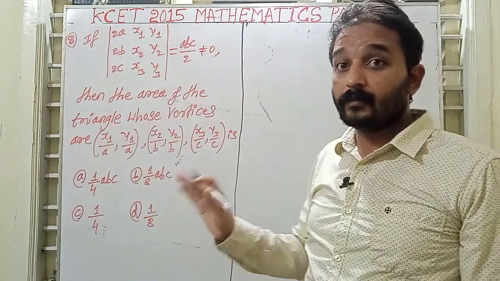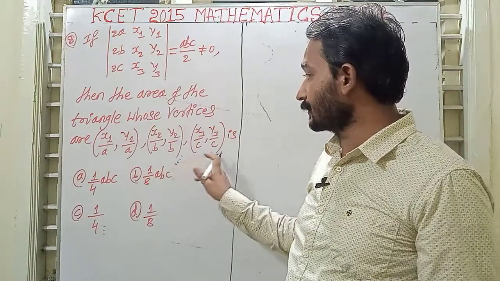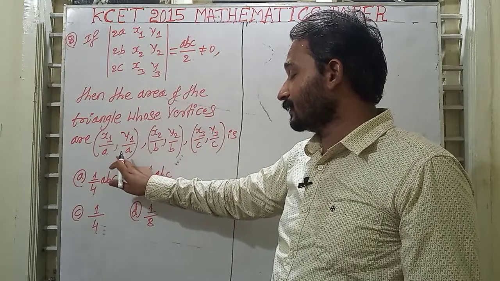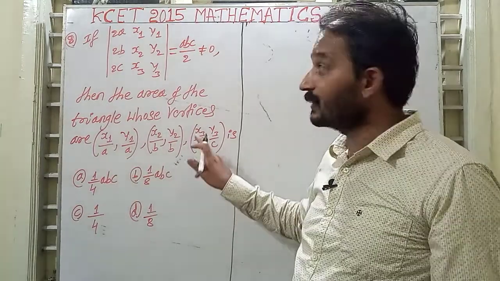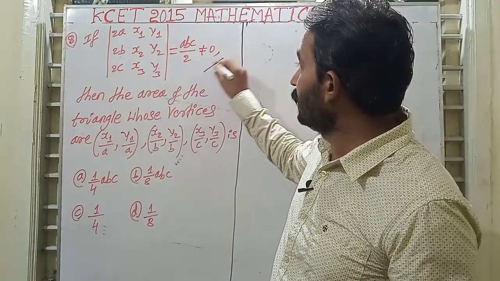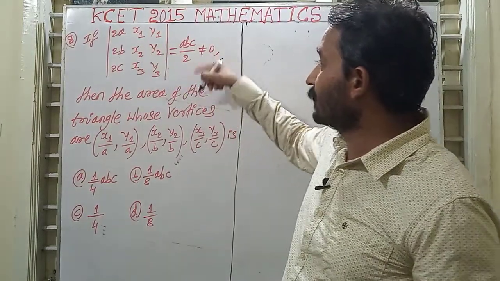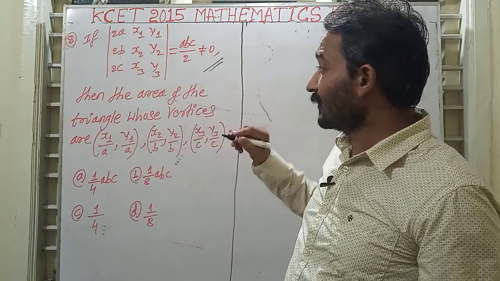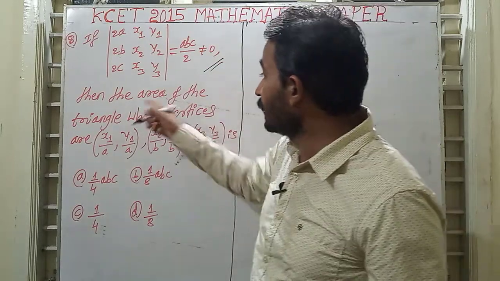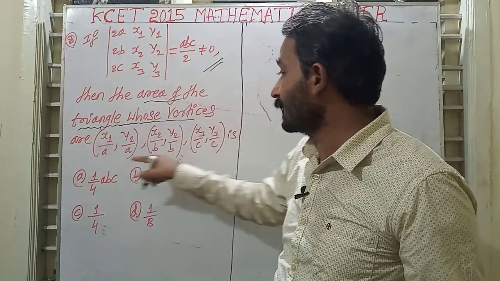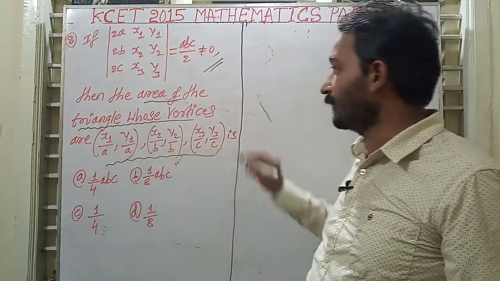In the coordinate chapter we do this, but here we use determinants. What is the given data in this question? If 2 determinant is equal to abc by 2, it is the given data. Then what is to be found? The area of the triangle whose vertices are given.